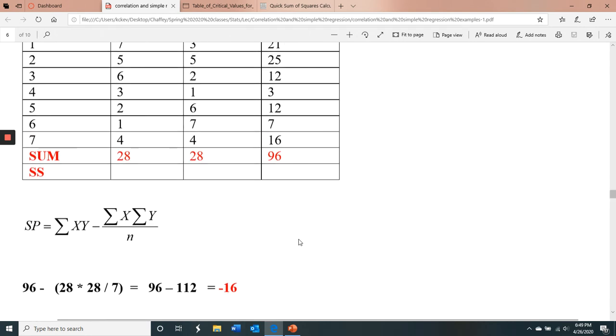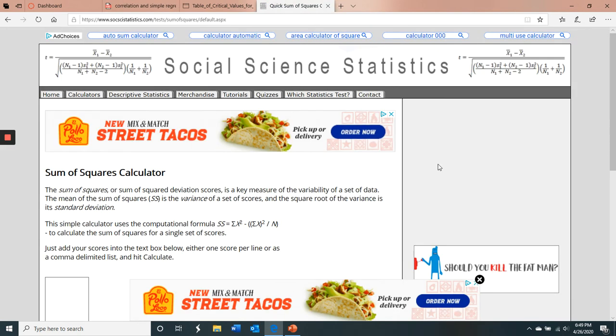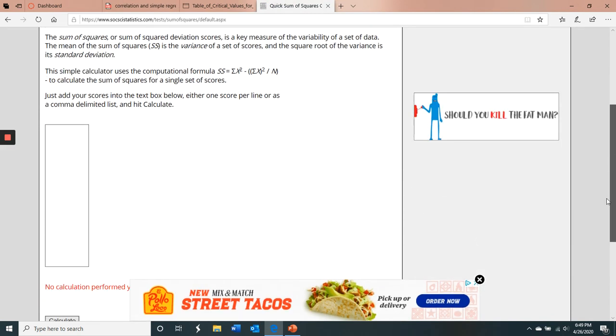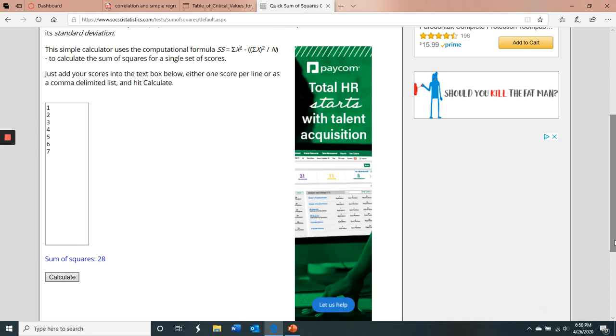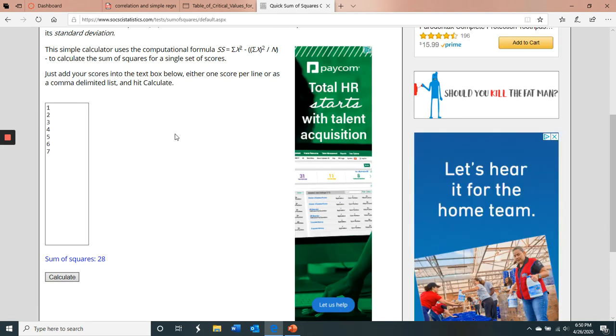Give me a second. So we have 1 through 7, correct? Yep. And then we calculate it, and our sum of squares is probably not 28. It actually is 28. What are the chances of that?